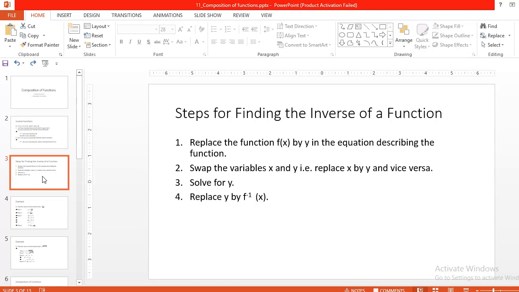There are some steps to follow. The first step is to replace f of x by y in the equation which describes the function. Second, swap the variables x and y, that is, replace x by y and y by x. The third step is to solve for y, and the fourth and last step is to replace y by f inverse of x.